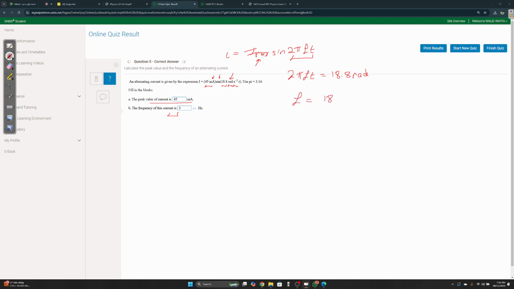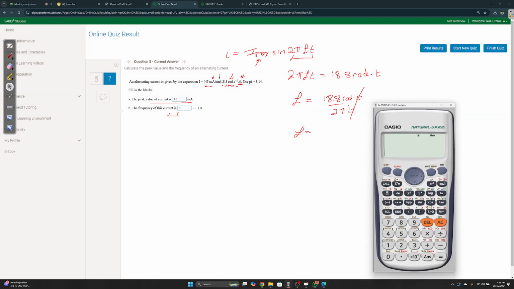Frequency is going to be equal to 18.8 over 2 pi t. They kept t as t, so t will cancel with t. So f is just going to be equal to 18.8 divided by 2 pi. They said use pi as 3.14.